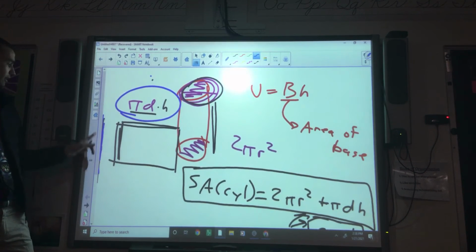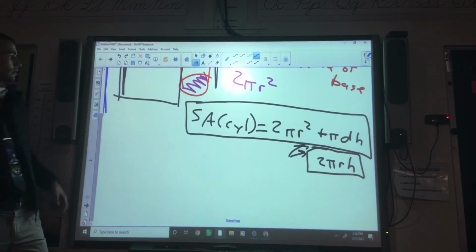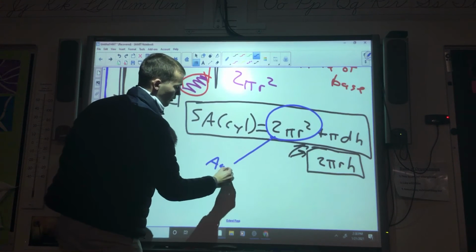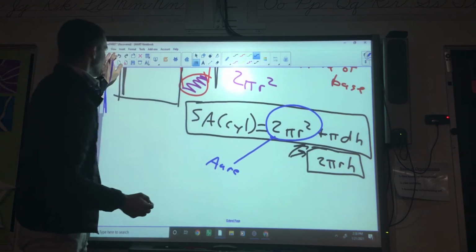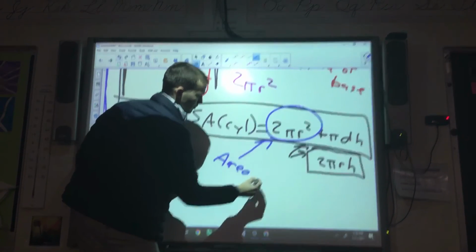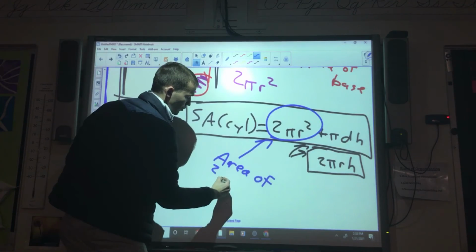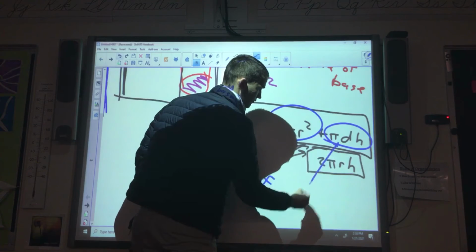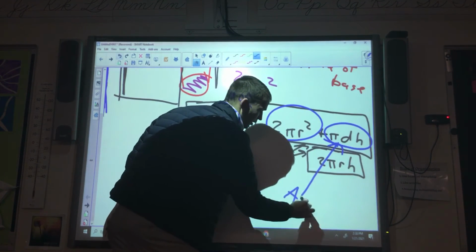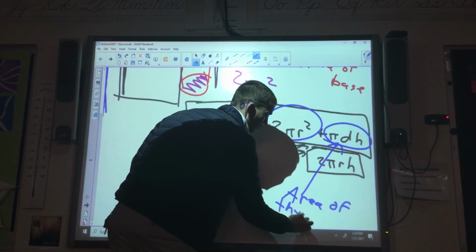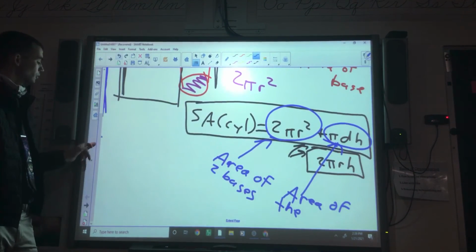So if you're going back to that formula, if you're writing in your notes, I would say right here, area of two bases, and this is the area of the curved surface.